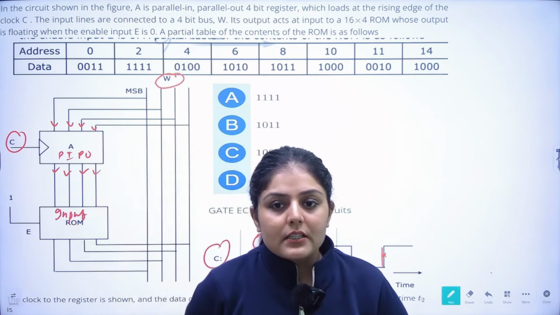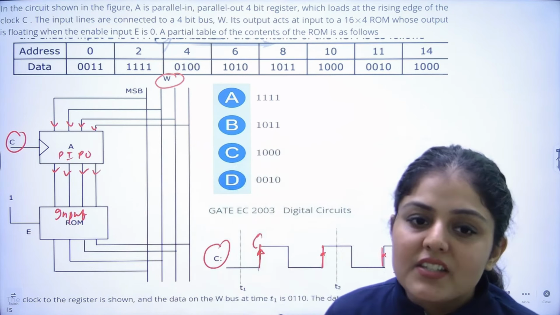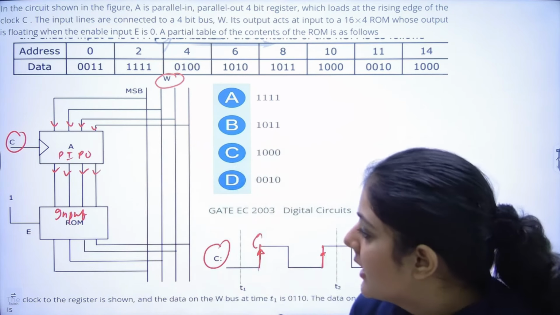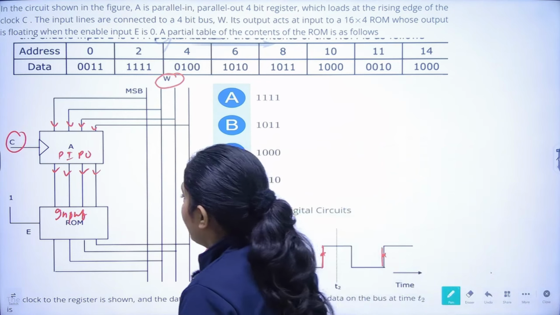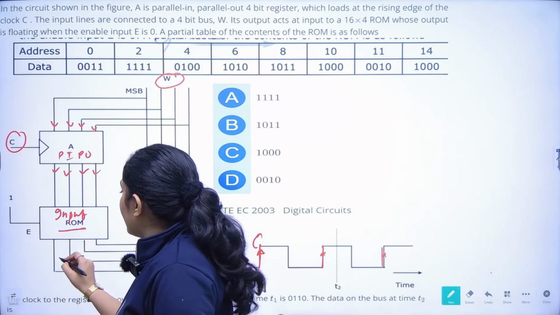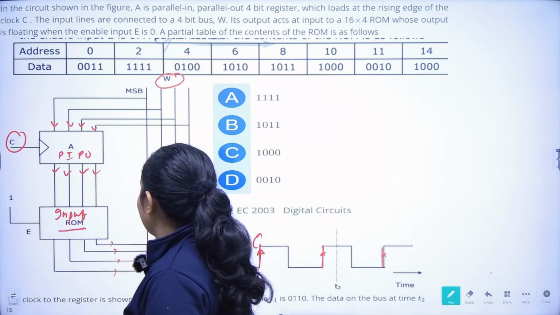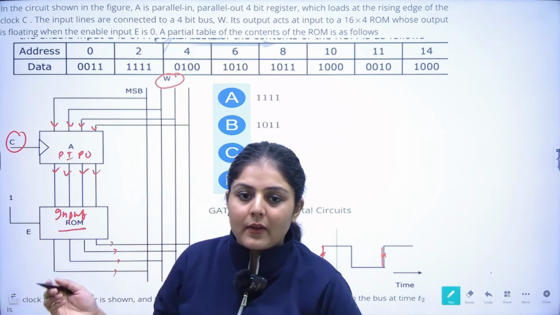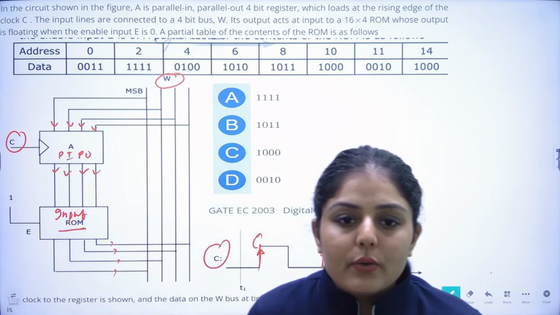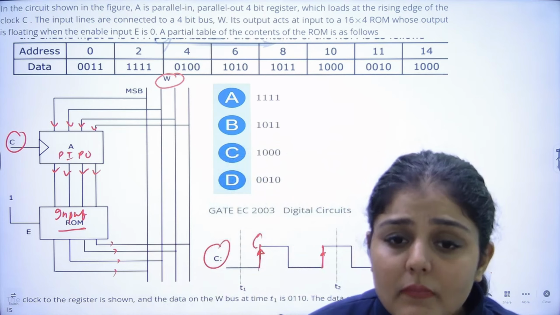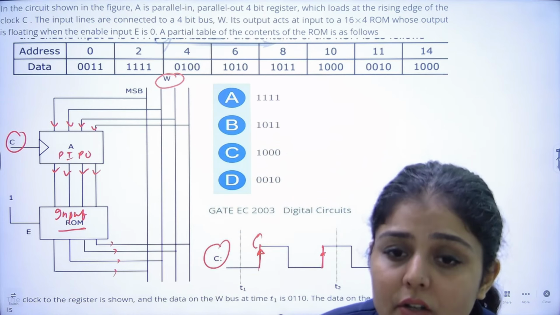The ROM is a 16 cross 4 ROM whose output is floating when enable E is 1. So the output of the ROM will be on the bus when enable is equal to 0. The partial table of the content of the ROM is given.